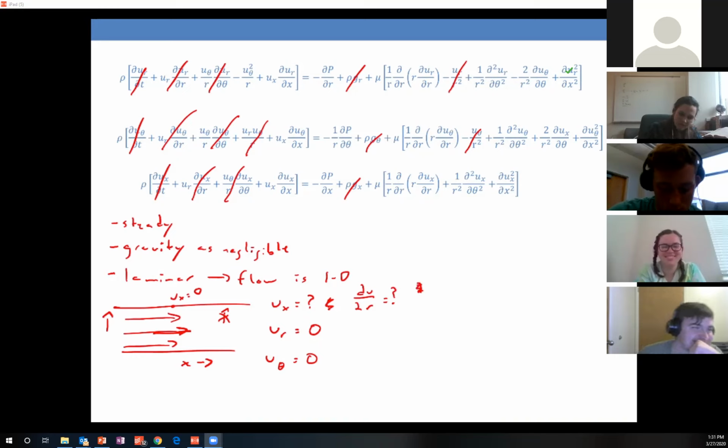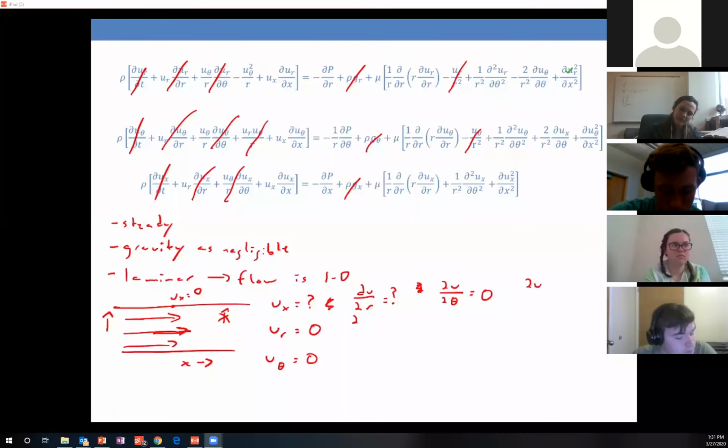And then what about du/d theta? Zero, right? Yep, that is 0. We don't think it's changing as it goes around. And what about du/dx, or dz, just along the pipe?